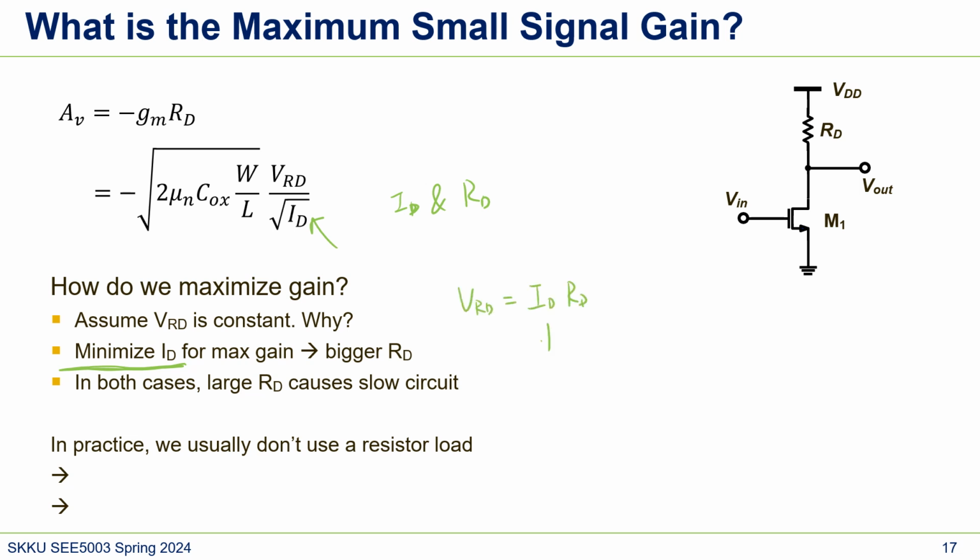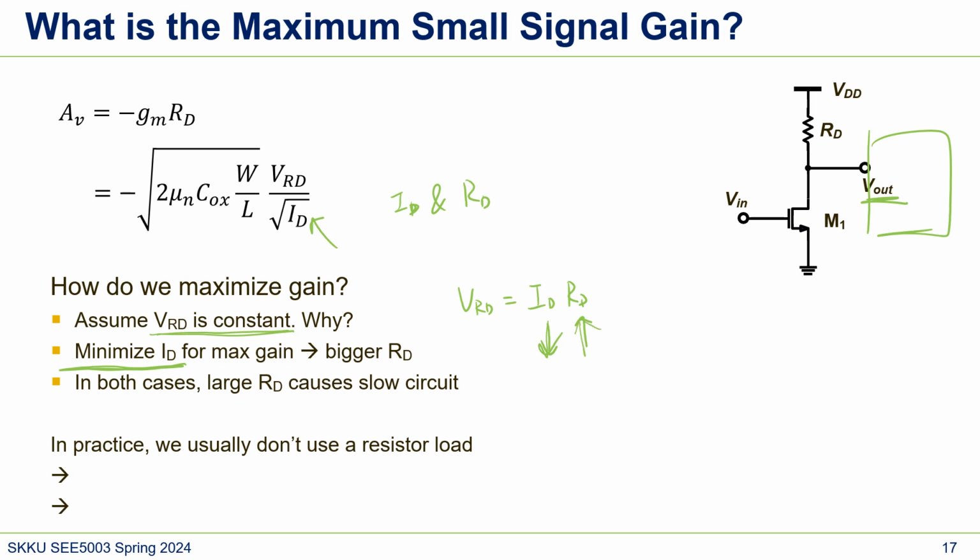If we decrease ID, then we need to increase RD, right? And again, VRD is constant, as I said, because of the following circuit. Usually there is a following circuit, and the operating point of V out is important. So we just keep VRD constant. So to maximize the gain, we have to reduce ID and then increase RD.